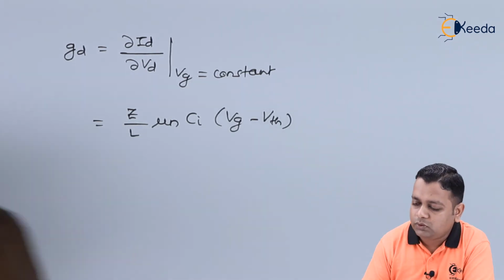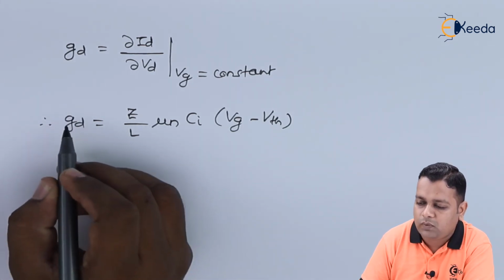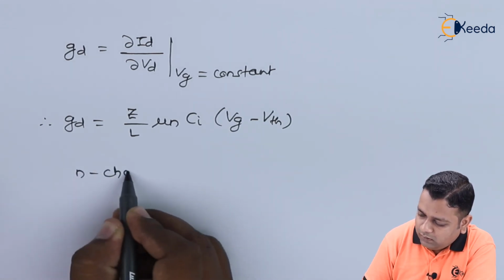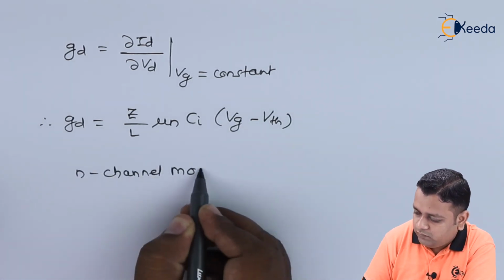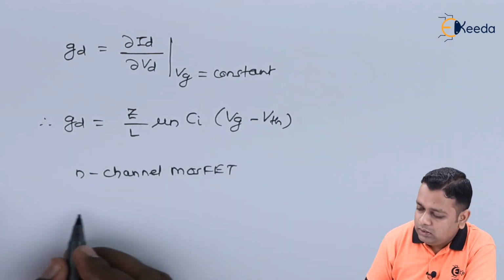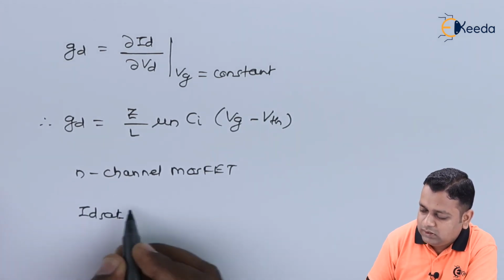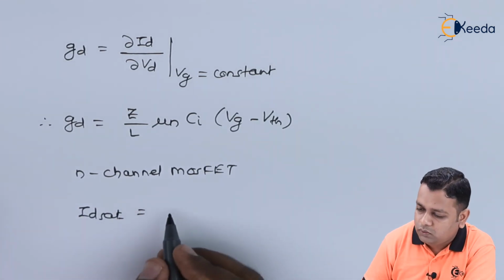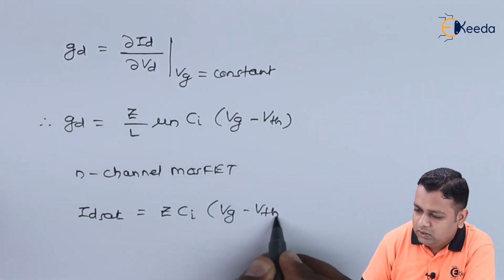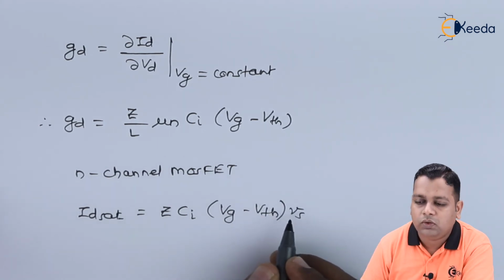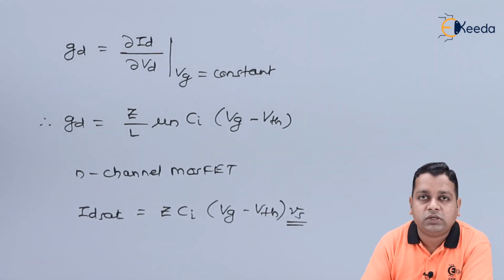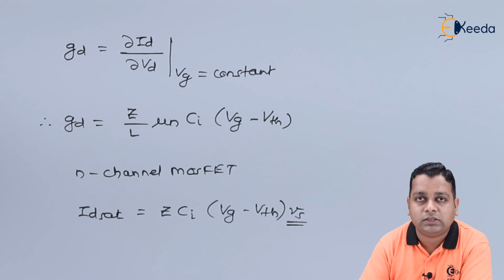Next to the expression of G suffix D, we go for the real type of n channel MOSFET. In the practical situation, ID sat, the saturation level of the drain current, is equal to Z times C suffix I in the bracket Vg minus Vth in multiplication to V suffix S. V suffix S is the saturation velocity of the charge carrier, that is the electron.